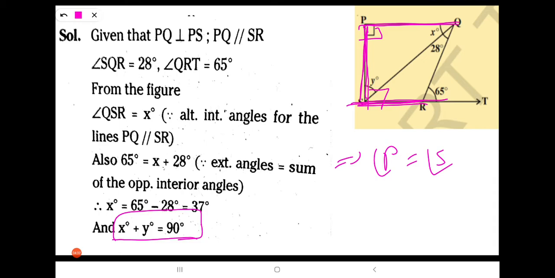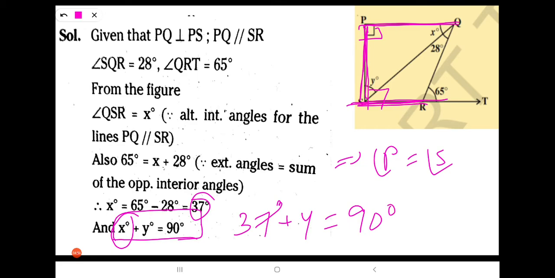Next, replace this X value with 37 degrees. So 37 degrees plus Y is equal to 90 degrees.